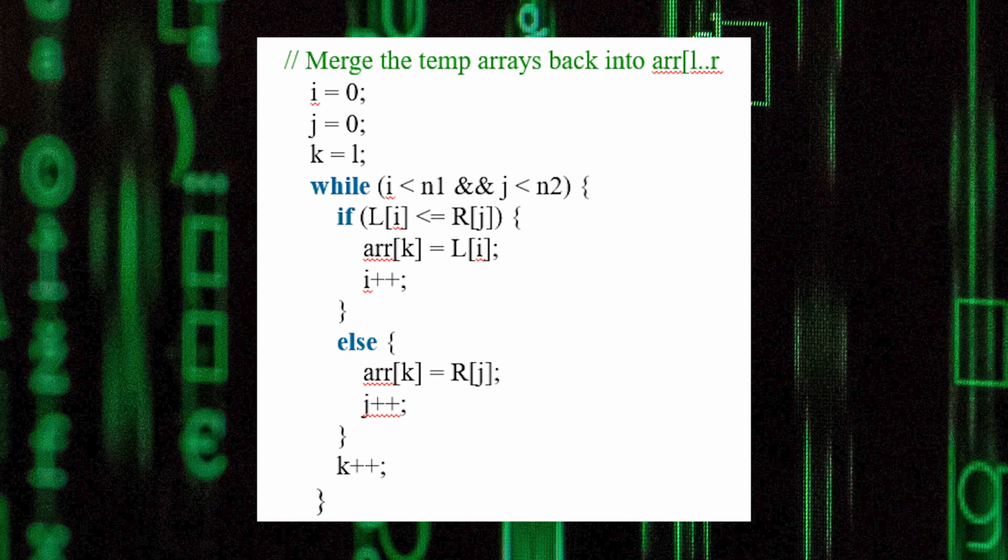We are using a while loop to check whether i is less than n1 and j is less than n2. Then with the help of if else, we start merging the temporary arrays, and comparison and swapping are performed.